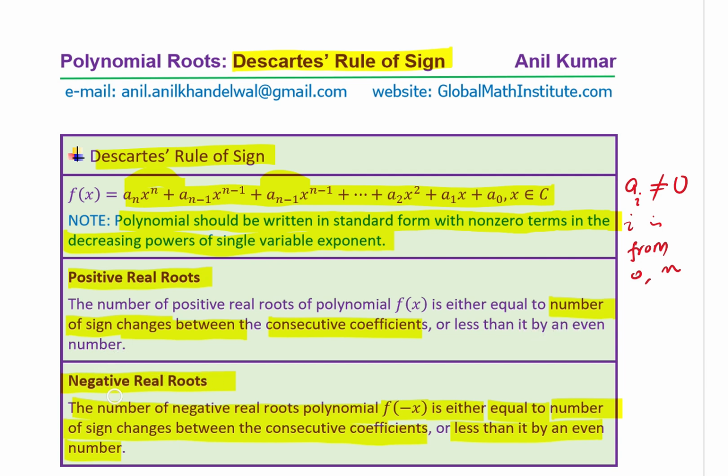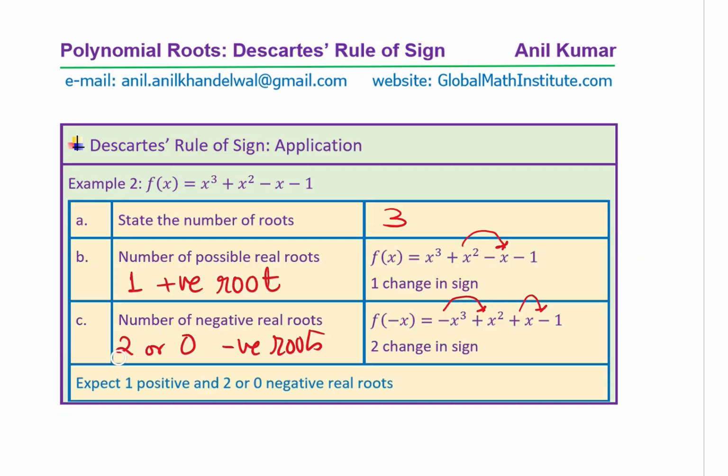Negative real roots: the number of negative real roots of the polynomial f of minus x is equal to the number of sign changes between the consecutive coefficients or less than it by an even number. Therefore, in this case, it is either 2 or less by 2, which means 0.